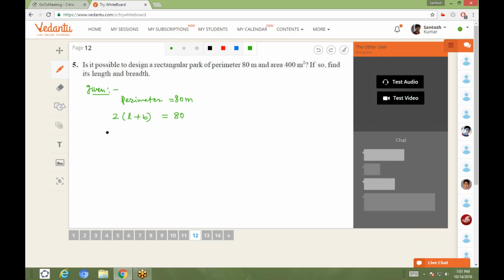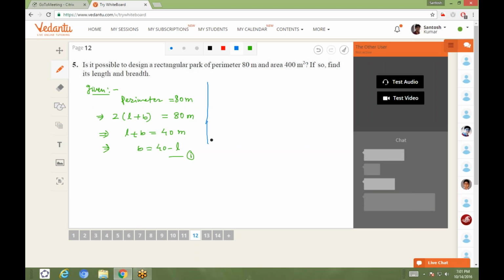Then L plus B equals 80 by 2, which is 40. So L plus B will be equal to 40 meters, so B equals 40 minus L. Equation 1.